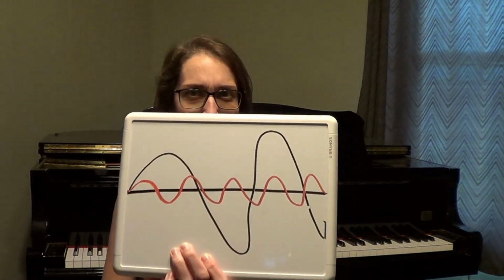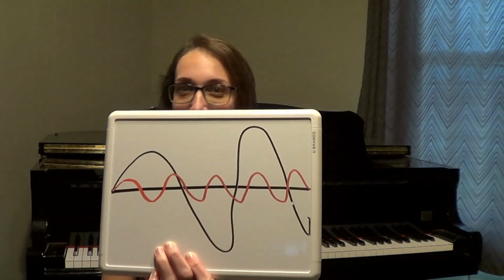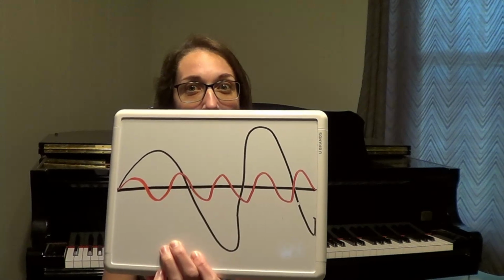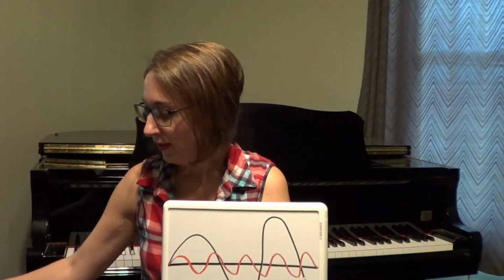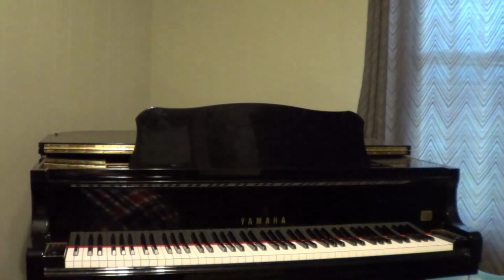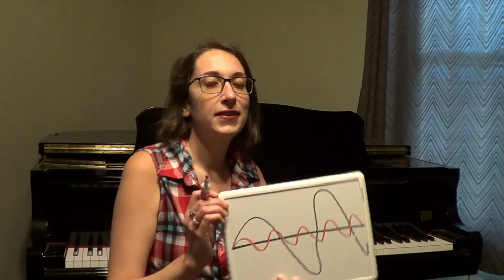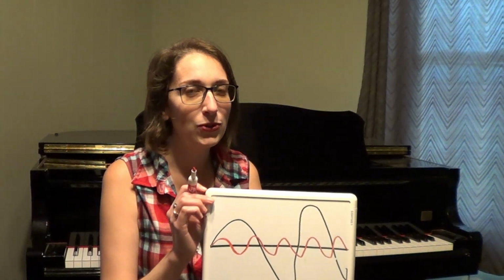So for this sine wave, we have both low and loud, and high and soft. But that's with two sine waves. I'm going to add my third color, pink. And let's see if you can guess if it's going to be high or low, loud or soft.